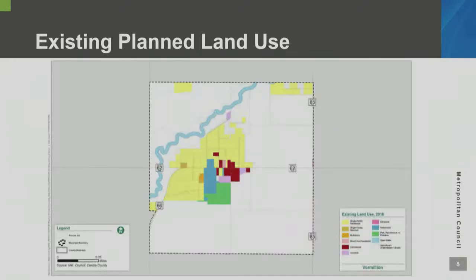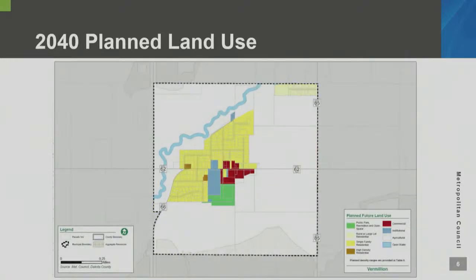Existing plan lands, the white areas in this map are the ag portion, Highway 42 runs through the middle. The blue is institutional, and the orange is the apartment building. The red is commercial along the Dakota County highway there, which is Highway 62. Plan land use, again, between the two, not a lot of changes.